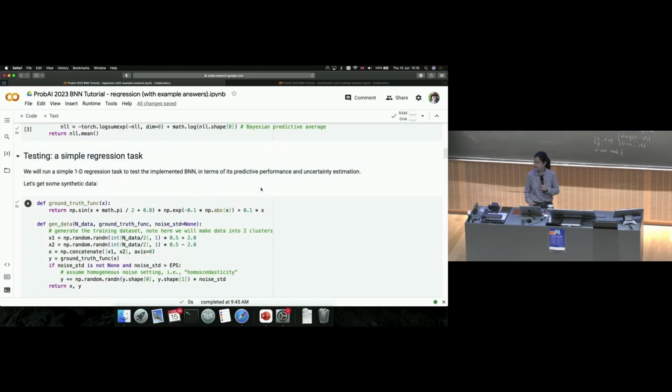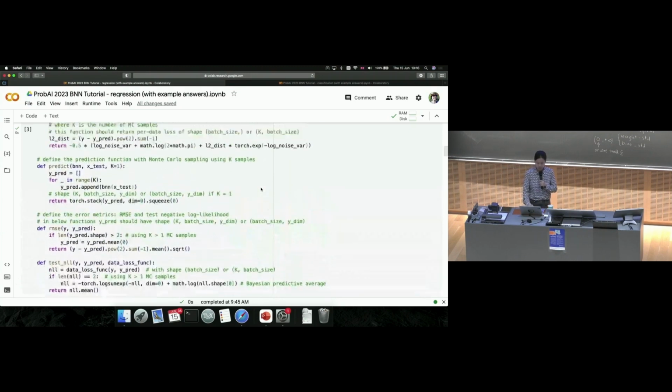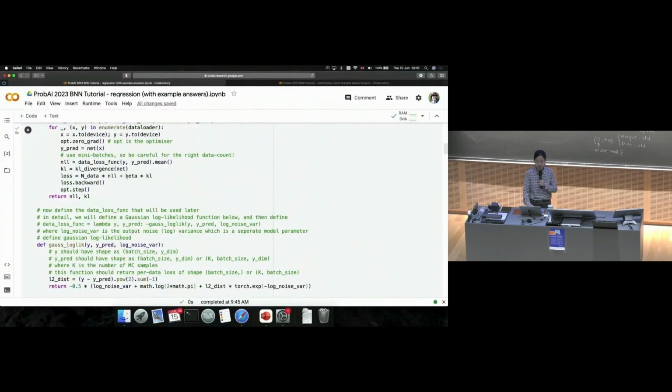Yes? Maybe I missed it. Why are you multiplying the factor to the KL divergence? Right, okay. So for the beta term, this is an interesting question. There are two ways to think about it.